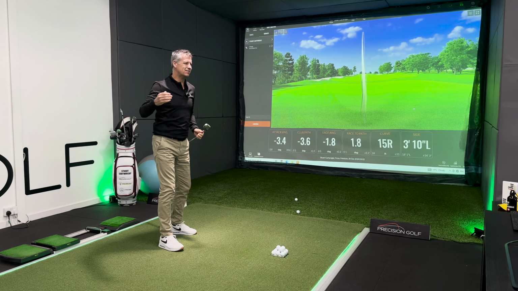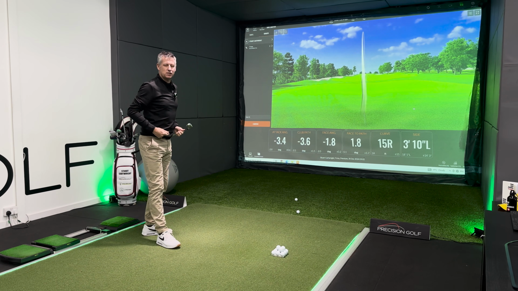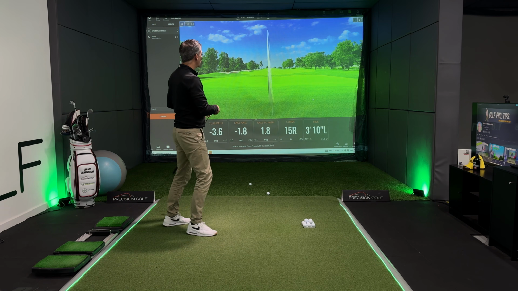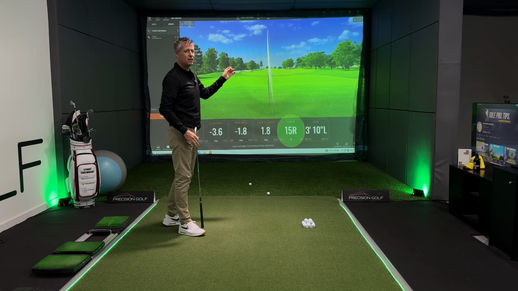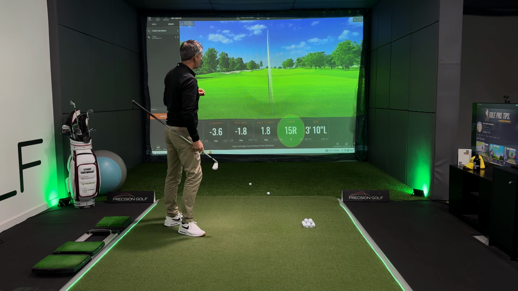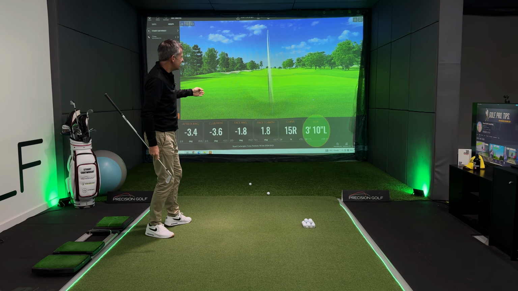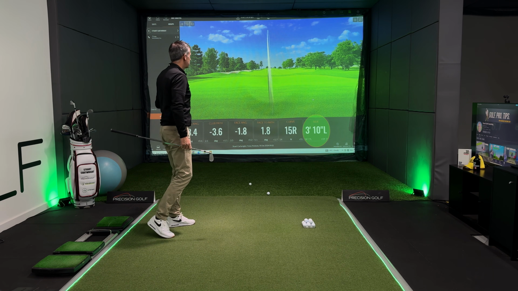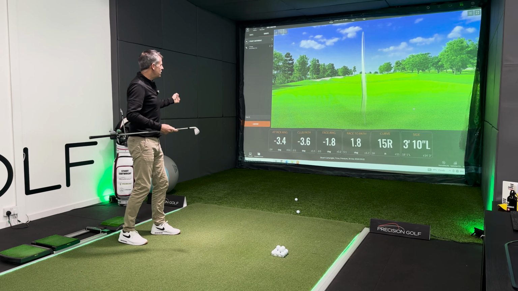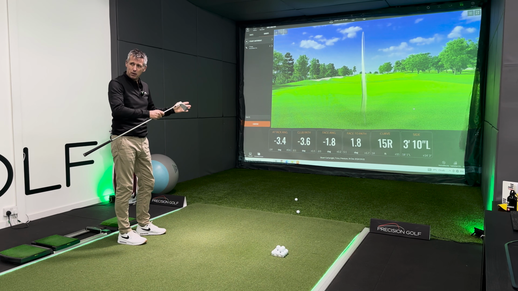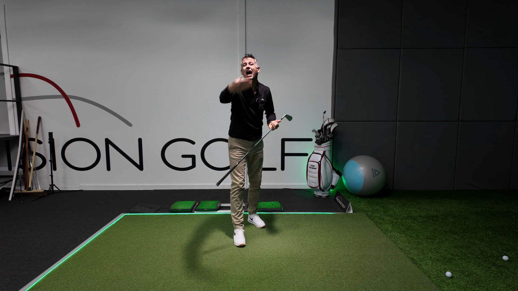Almost the exact amount in the opposite direction. You can now see that the ball curved to the right by 15 feet in the sky. The ball finished 3 feet, 10 inches left of the target. The relationship the face had to the path was exactly the same, but it was on the other side.